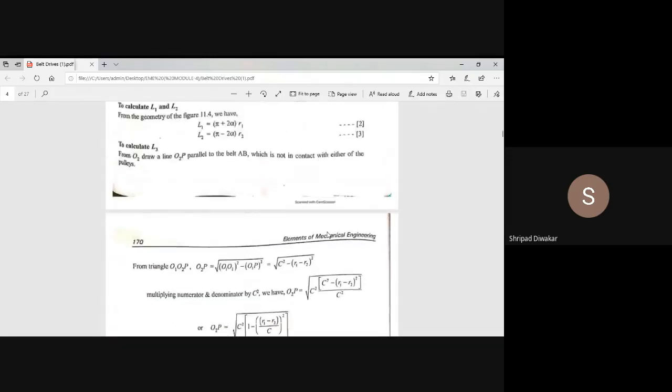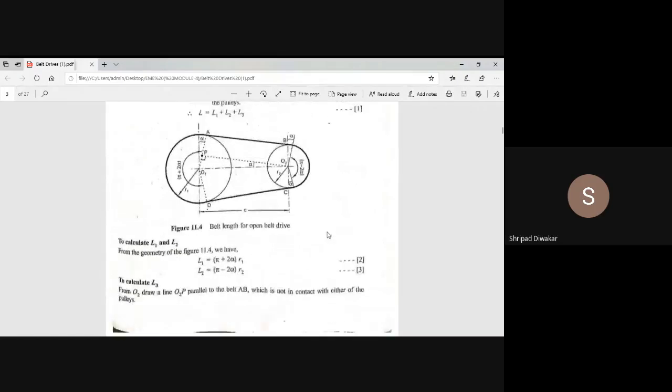But I said there are two sides, and now you found out only one side. In the same way, you can write one more line. It's exactly the same. Whatever length O2P you are getting, you put one more line here.